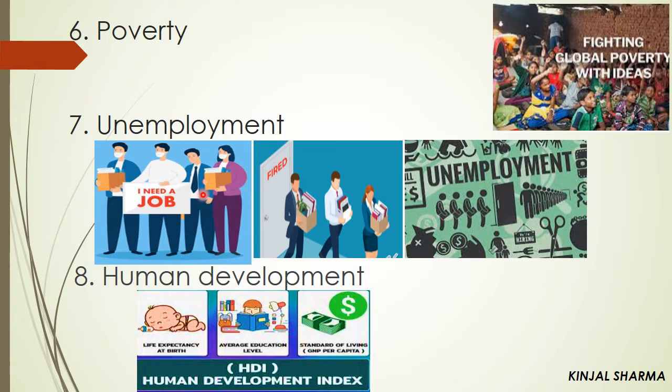According to the data, in 1951, 33 lakh people were unemployed. And according to the NSSO report, that is the National Sample Survey Organization, in 1999-2000, 7.31% of the total population was unemployed, which increased to 8.2% in 2004-5.